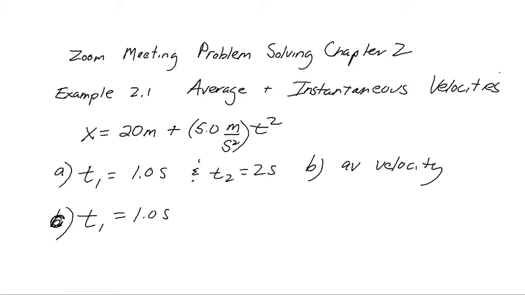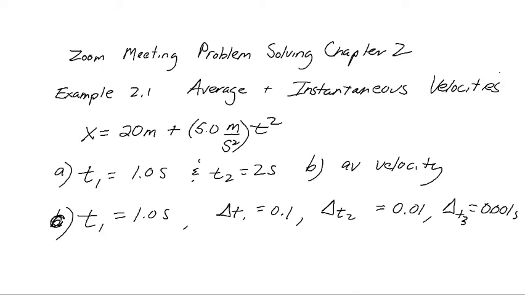C says find the instantaneous velocity at t1 equals 1 second by taking delta t of 0.1 seconds, and then delta t of 0.01 seconds, and then delta t of 0.001 seconds. So we have 3 delta t's. Delta t1 equals 0.1 second, delta t2 equals 0.01 second, and delta t3 equals 0.001 second.